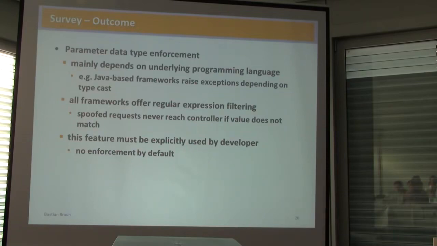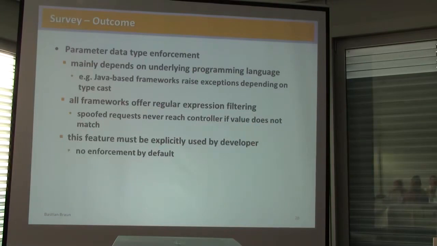So what we found is that the out-of-the-box support for the integrity of data types mainly depends on the underlying programming language of these frameworks. So we had Java-based languages, PHP-based languages, .NET-based languages, Python and Ruby.